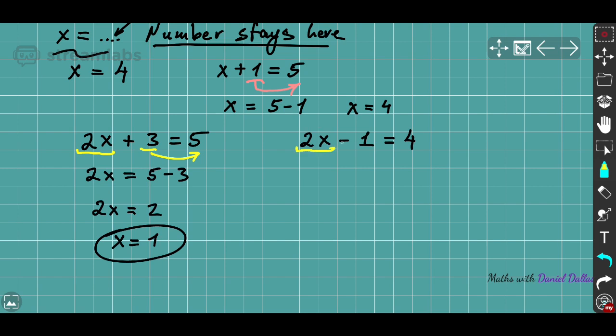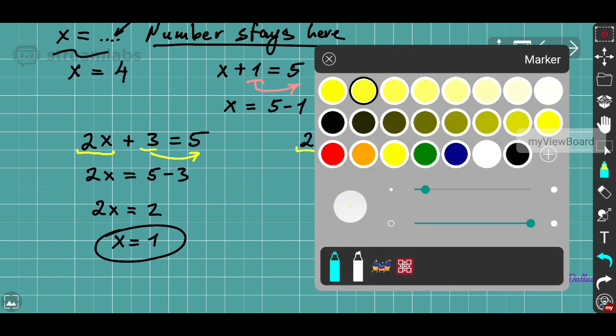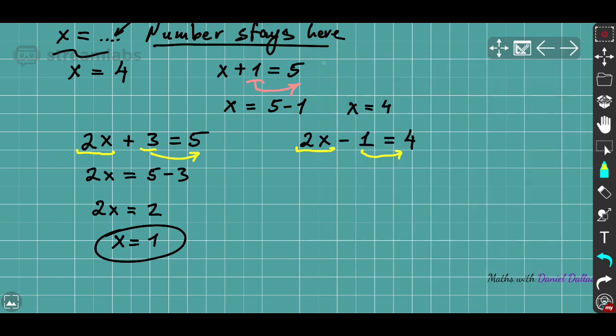So what are we going to do here? We see the target variable 2x, and we want to simply transfer -1. So why -1? Let's just remember the balance method again, so that you won't have any questions after that.